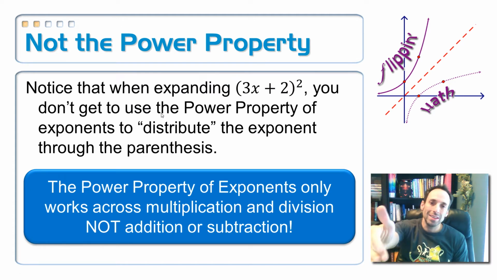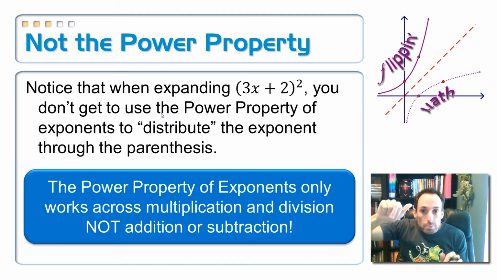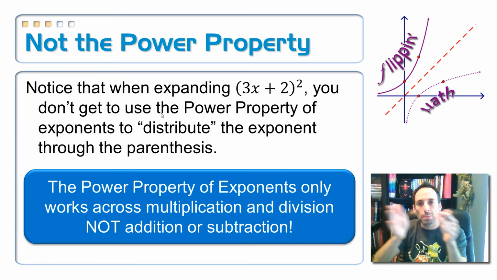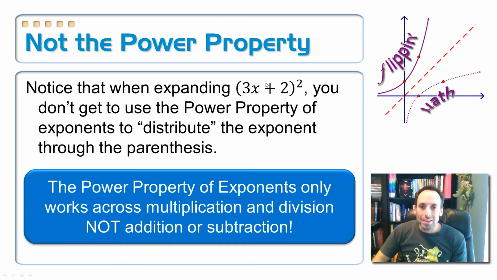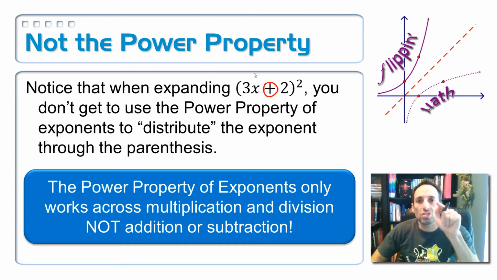Notice that when expanding 3x plus 2 squared, you don't get to use the power property to distribute the exponent through the parentheses. Okay? The power property only works across multiplication inside the parentheses, not across addition or subtraction like you see in here. Okay? So I want you to stop making that mistake. I mean it.